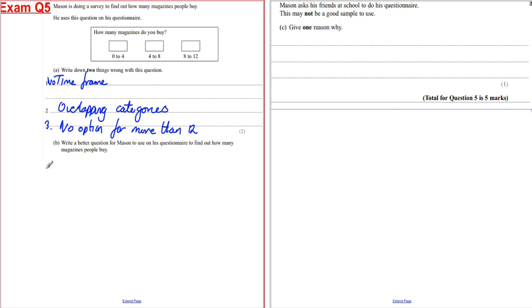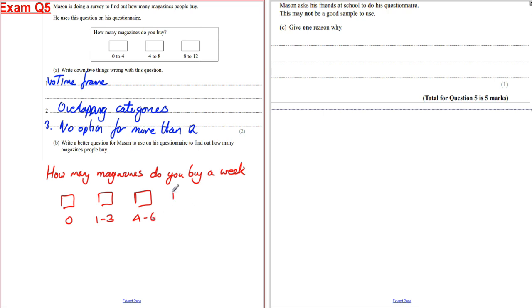So you would just write something like, how many magazines do you buy a week? And you could write none. You could write 1 to 3. You could write 4 to 6, and you could write more than 6, something like that.